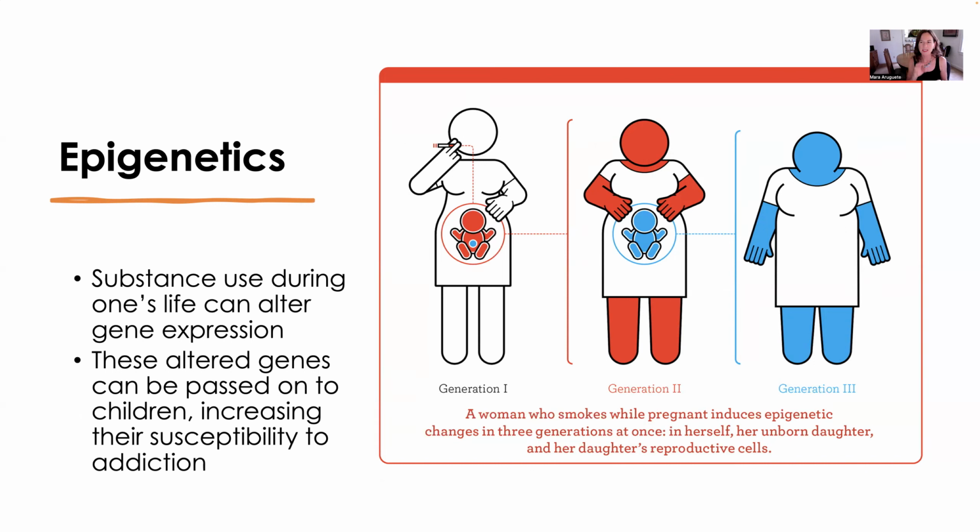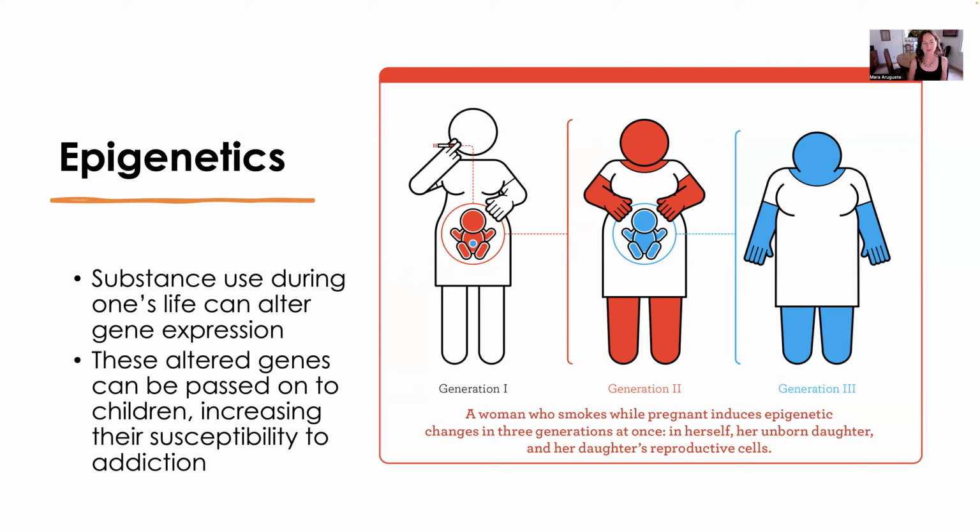So it doesn't take away or add genes or mess with the sequence on the DNA, but it can change the way that genes are expressed. And when it changes the way that genes are expressed, it may cause different productions of proteins and things like that. So when I use substances, that can in fact alter the way that my genes work.